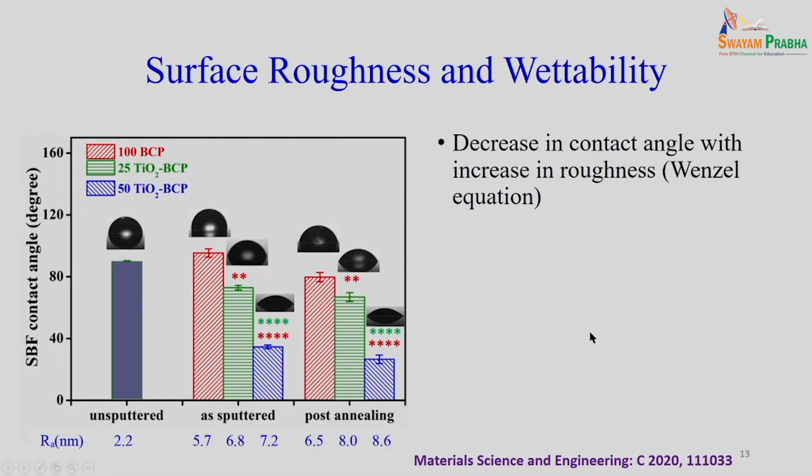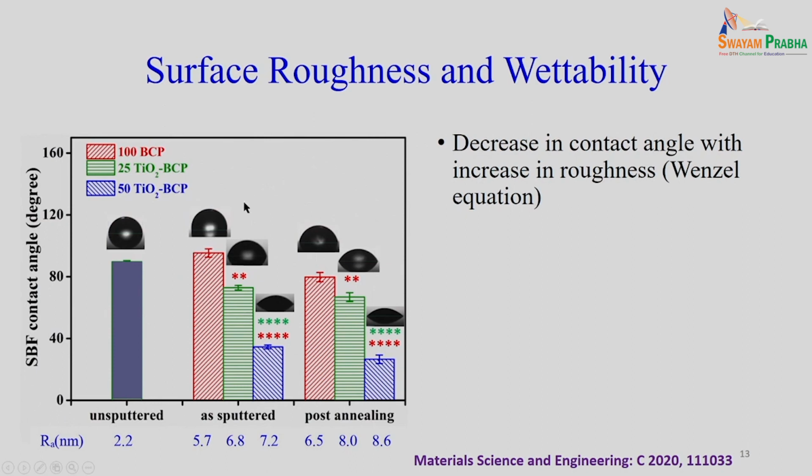So, this is the coating thickness of the mixture of BCP and TiO2 on a titanium surface. Here, if we see the contact angle, this is for the unsputtered titanium surface, and after the sputtering you see this is 100% BCP, biphasic calcium phosphate. This is the mixture of 25% TiO2, 75% BCP, and this is the 50% TiO2, 50% BCP.